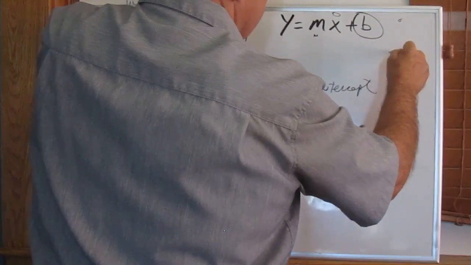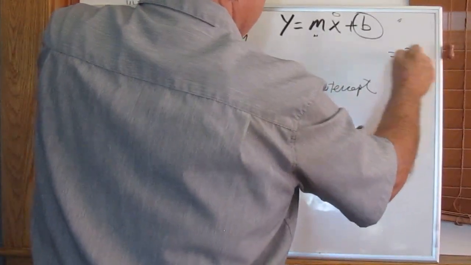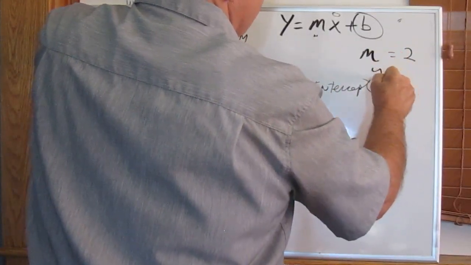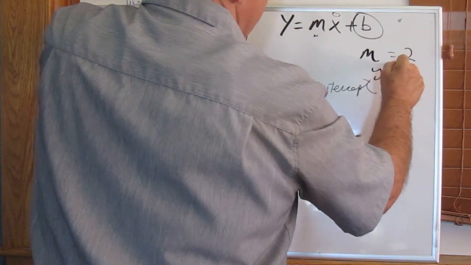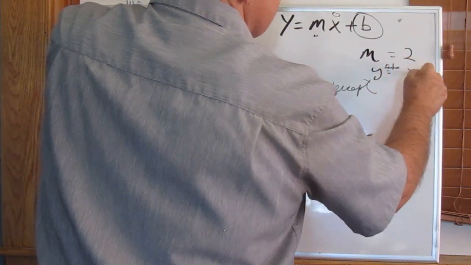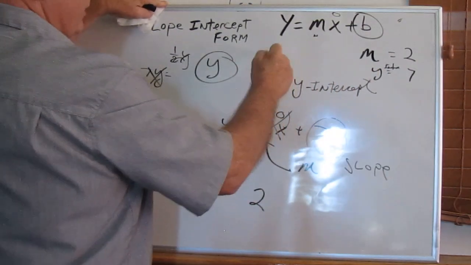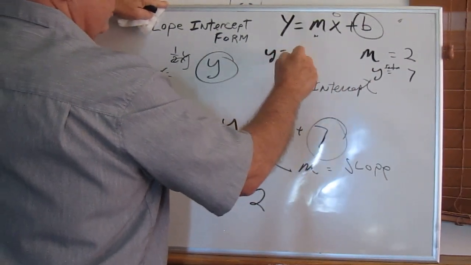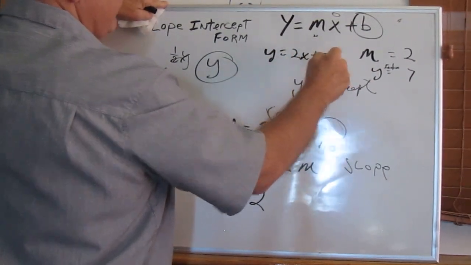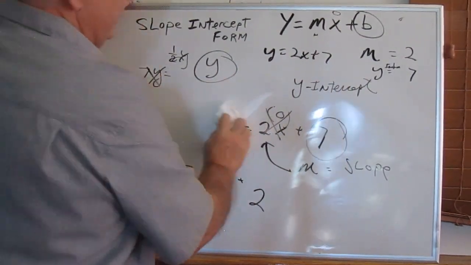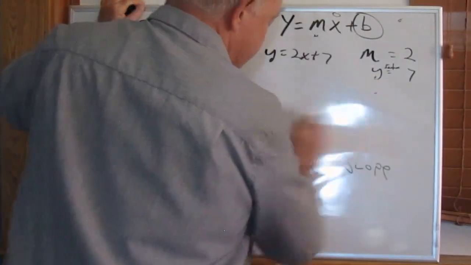The slope is equaling 2. And the y-intercept equals 7. And I'm going to rewrite this equation here. Y equals 2x plus 7.